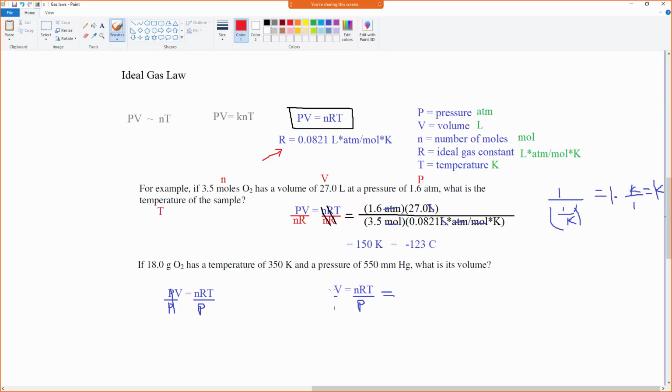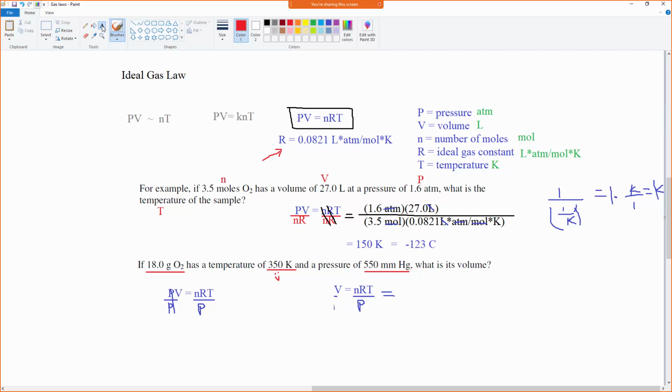Since I'm solving for V, that'll be in liters, but my P needs to be in atmospheres, and my gas has to be in moles. And my temperature is already in Kelvin, so this checks out. We're happy about the Kelvin. So in order to solve this problem, we need to convert both of these.